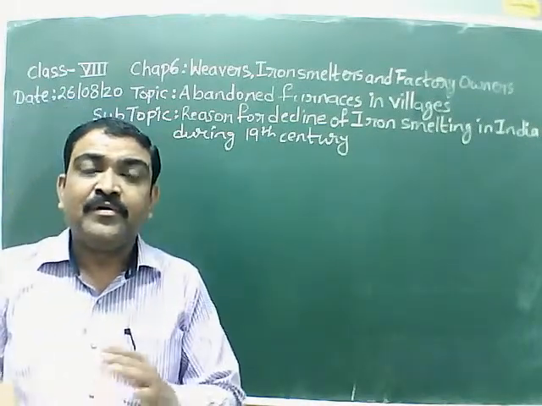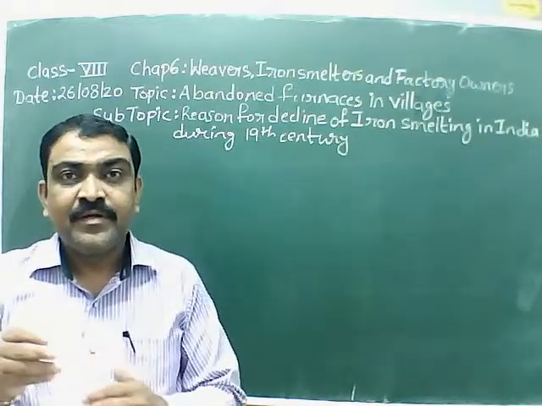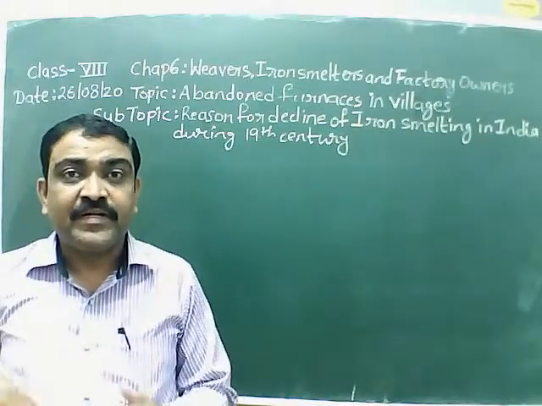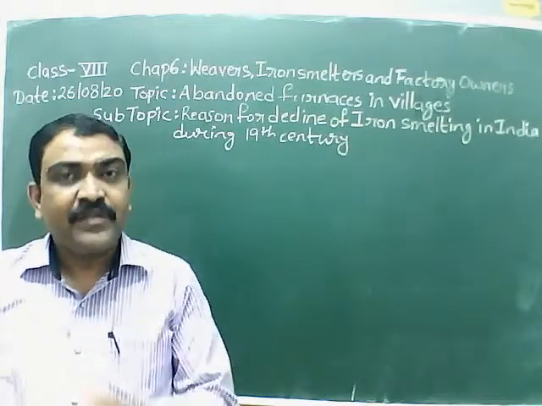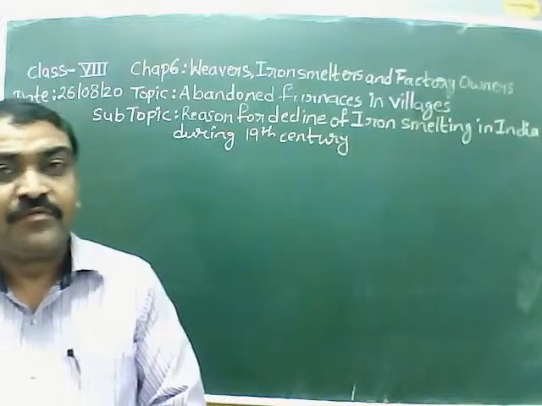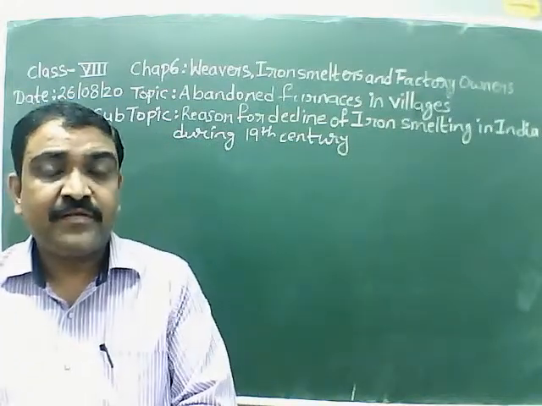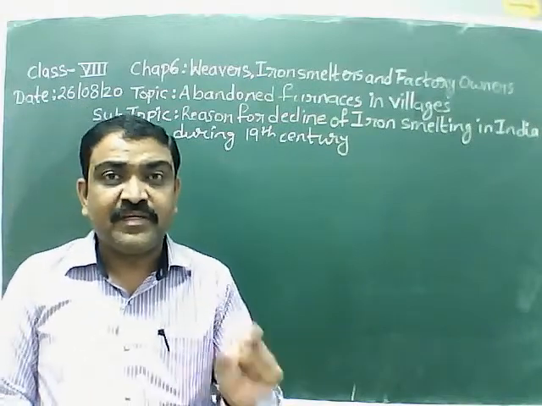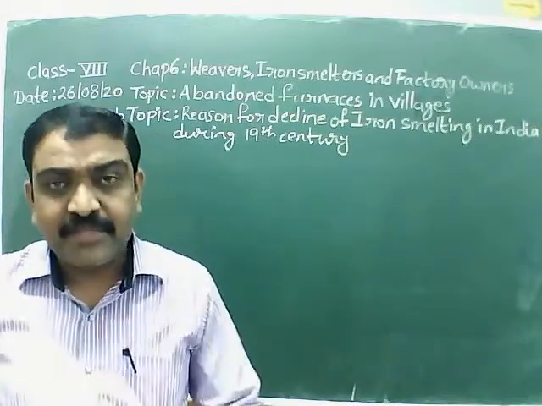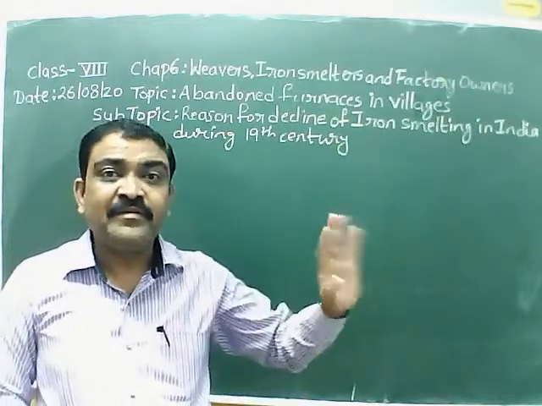Okay, now what chemical reactions took place? What type of industrial arrangement is required? Now this is a topic of science. When you come to standard 9th or 10th, in science you will have a separate topic on iron smelting.